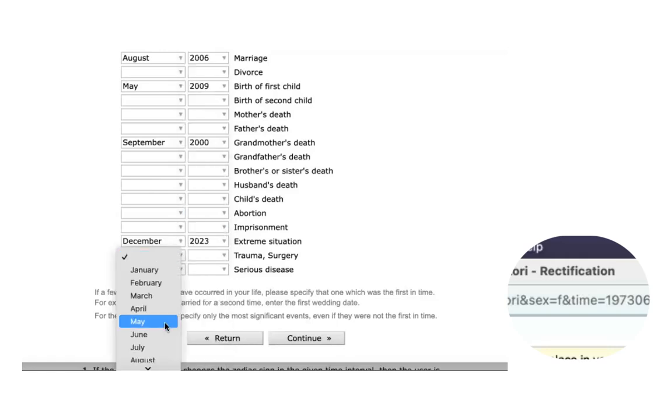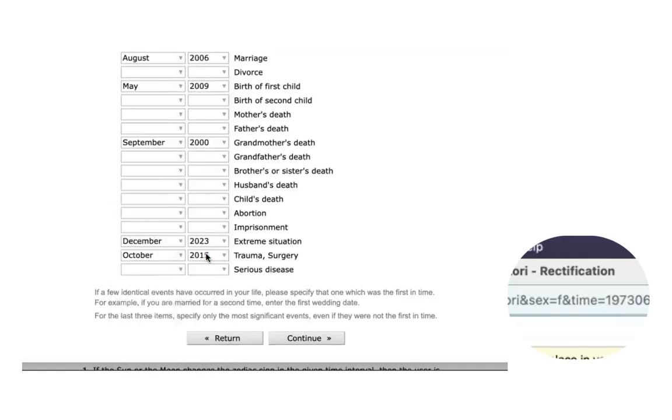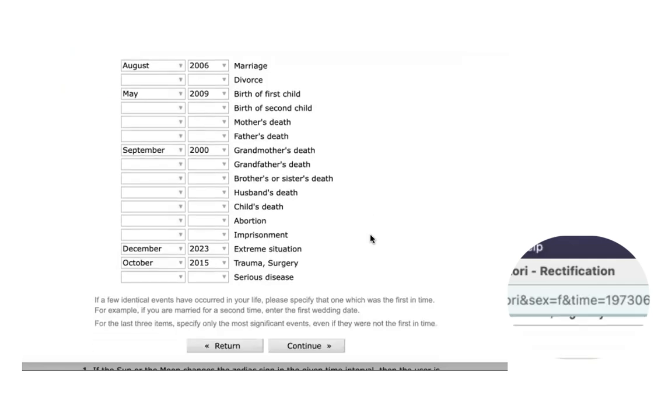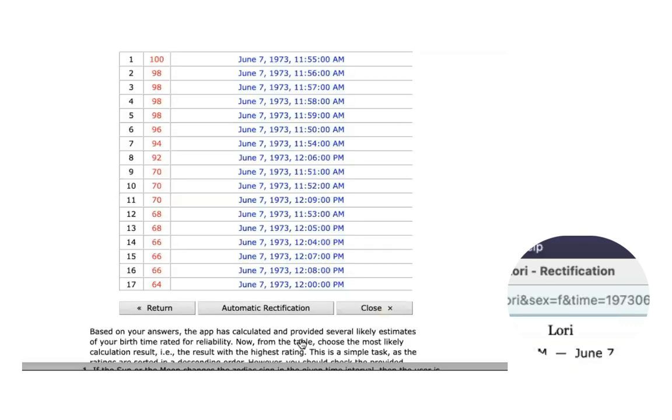And let's say she had surgery in October of 2015 and no serious disease. Okay, so these are all just life events that may or may not have happened to you. If they did, do your best to be as accurate as possible when completing the form in terms of month and year.